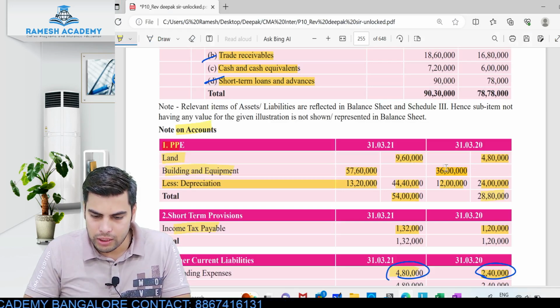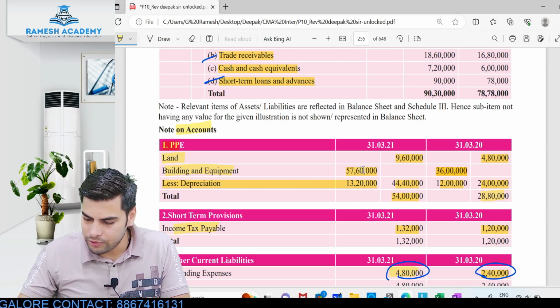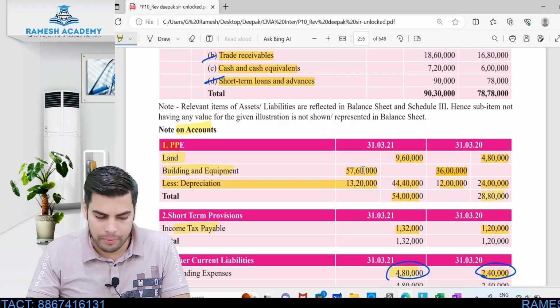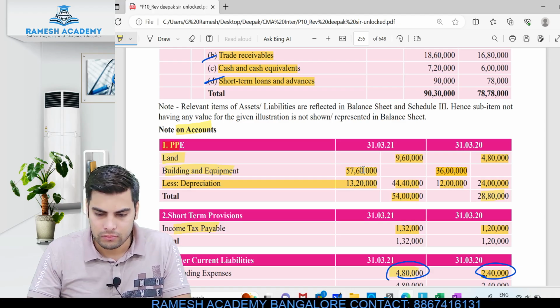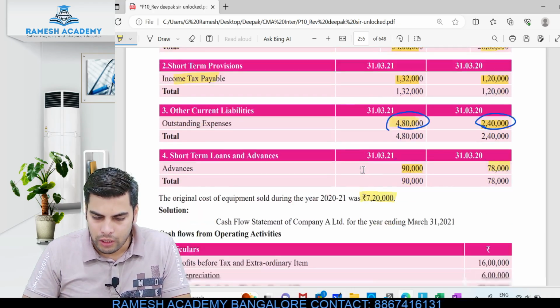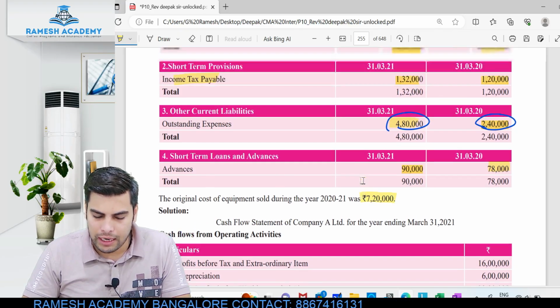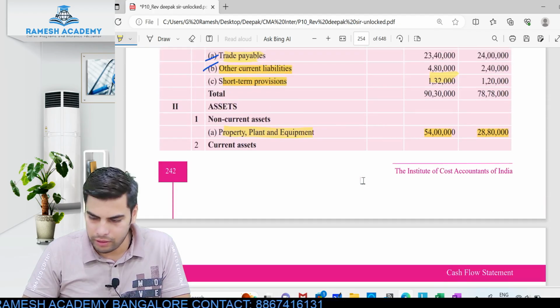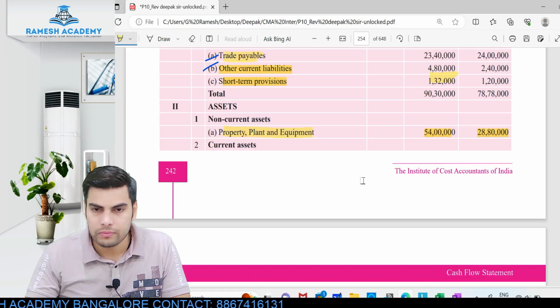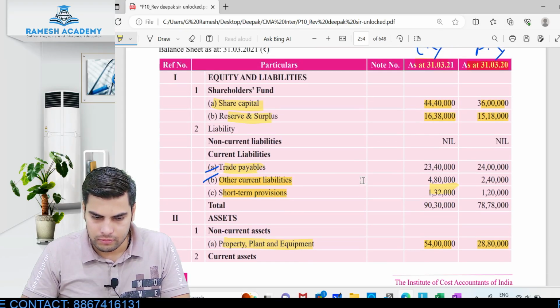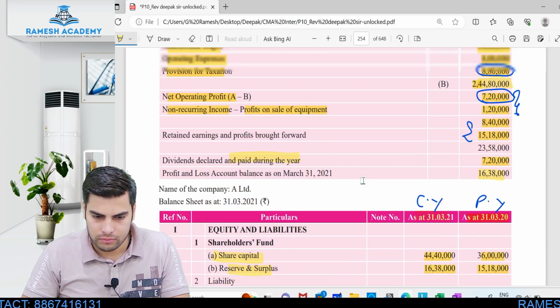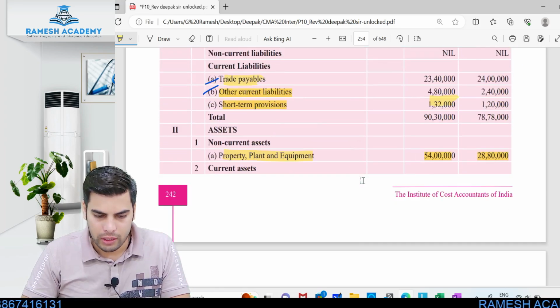Building, if you see, 36 lakh rupees was the opening. Closing is 57,60,000. So what does this imply? This gives information that you additionally purchased building. And what is the value? Again over here, they have also given the original cost of equipment sold, 7,20,000.